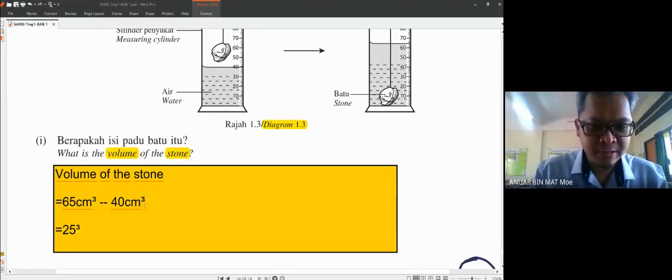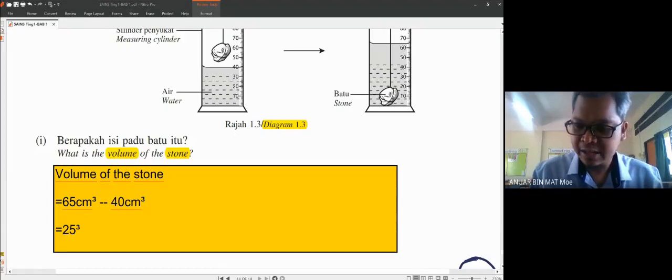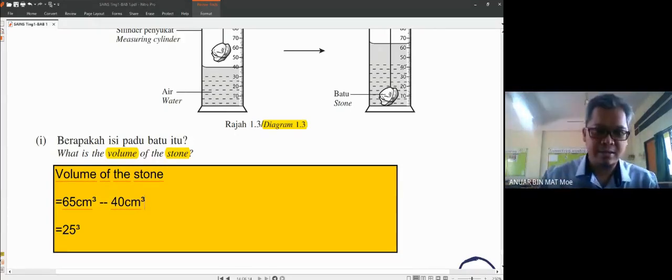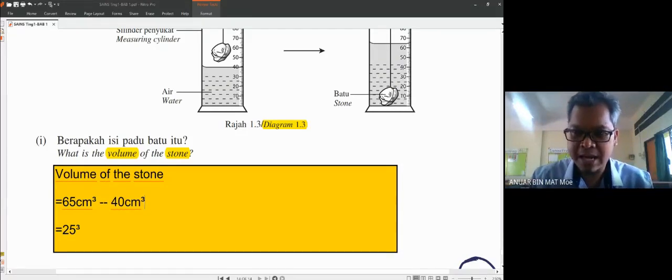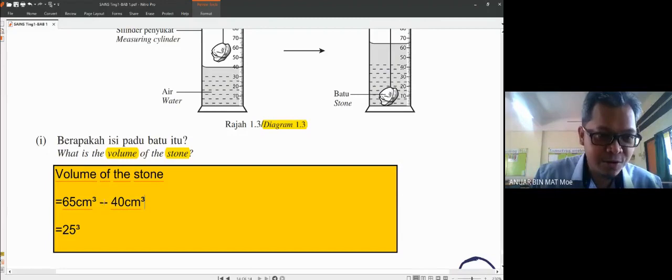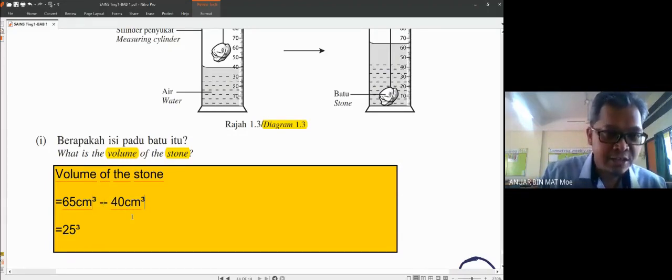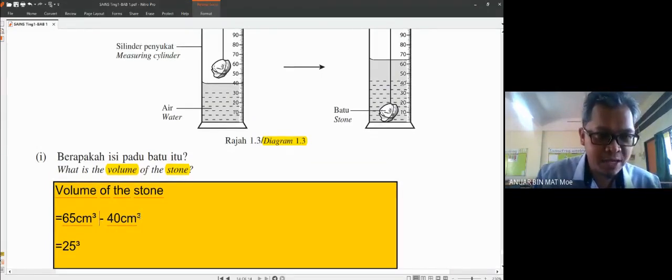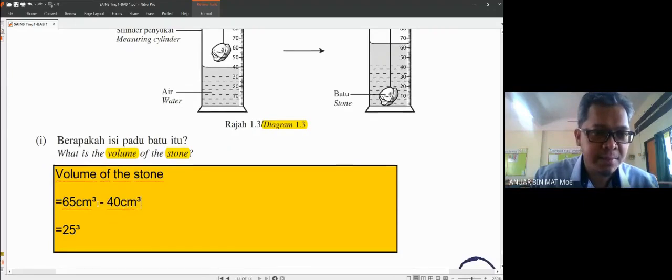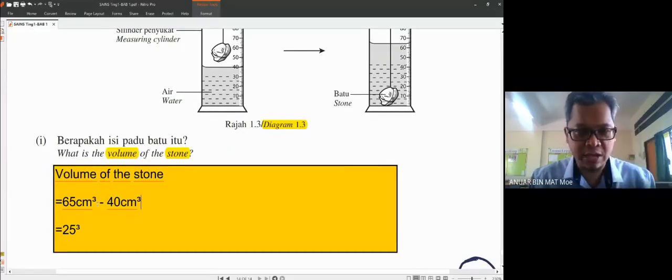65 minus 40. Can you hear me? Can you see my presentation? Yes. Okay, very good. So the volume of the stone is 65 centimeter cubic. Sorry, the 65 centimeter cubic is the raise in the water level.